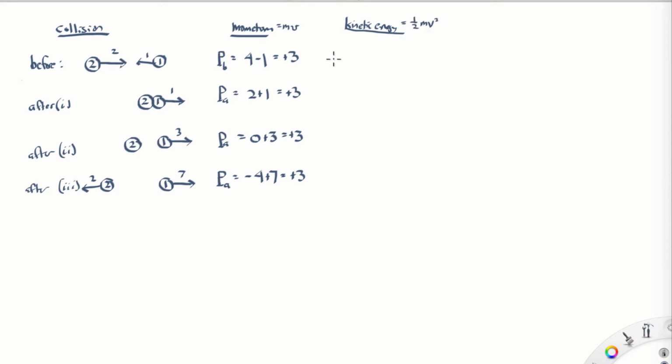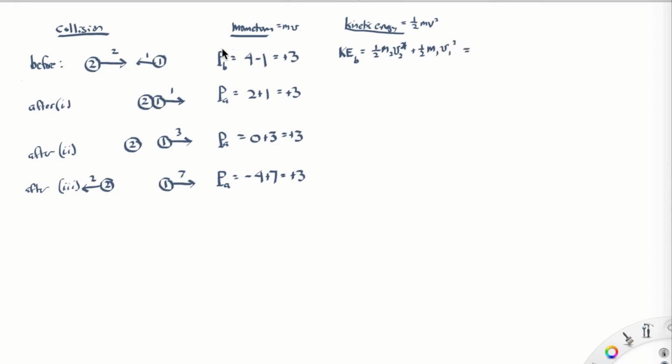So in the case of what happens before the collision, what is the total kinetic energy of this system of two balls? Well, it's the kinetic energy of ball 2, 1/2 times mass 2 times the velocity of 2 squared, plus 1/2 the mass 1 times velocity 1 squared.